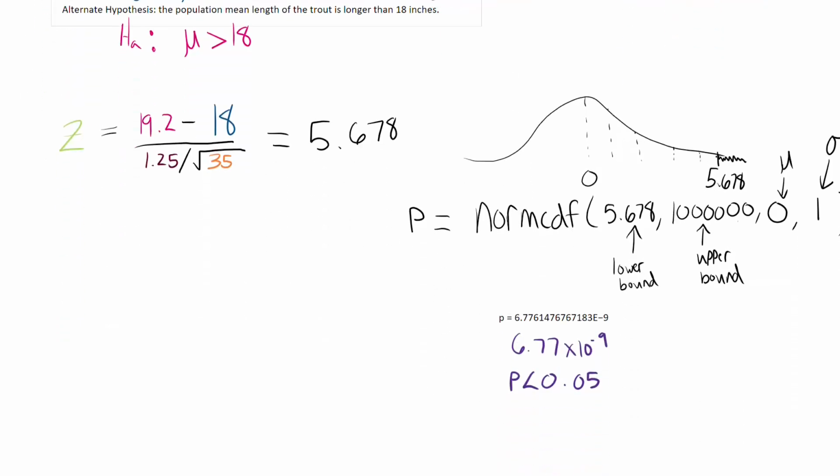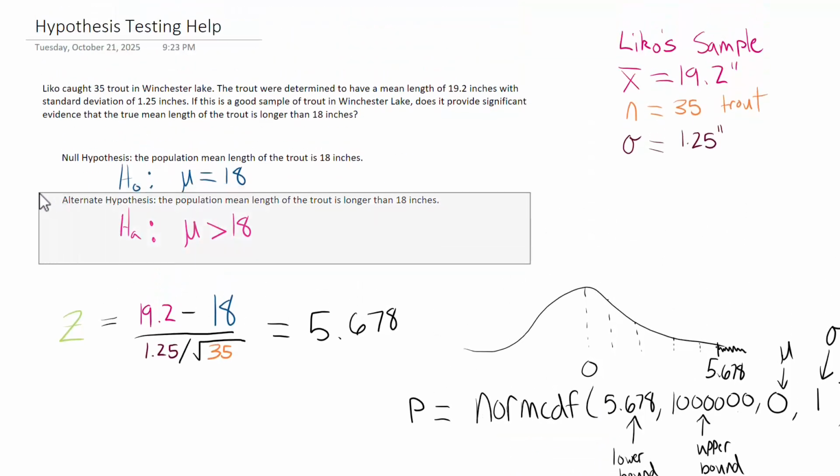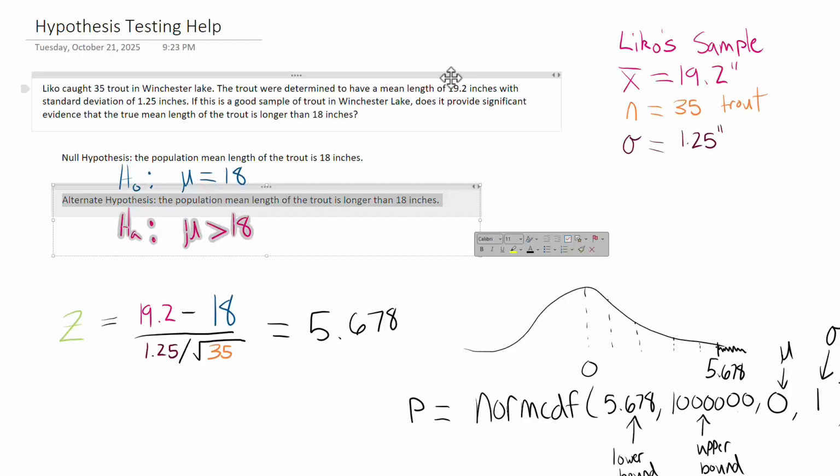One more little tip here. The p-value seems really small, so it's like really, really strong evidence. I caution using these words because this is not stronger evidence. It is just evidence in favor of this and does not necessarily mean that this is more likely.